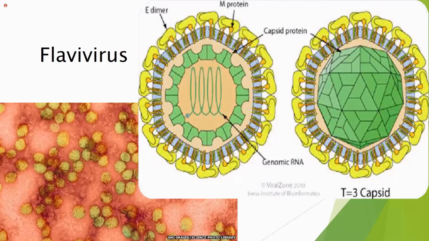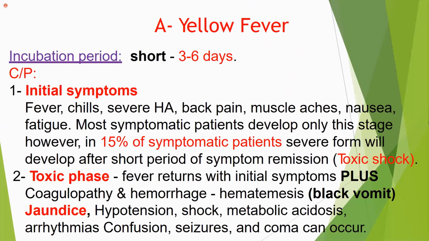So for yellow fever, the incubation period is very short, 3 to 6 days. Initial symptoms, as we have already discussed, are fever, chills, severe headache, back pain, muscle aches, nausea, fatigue. Most of the symptomatic patients develop only this stage.